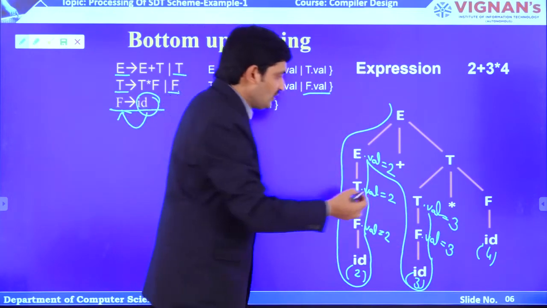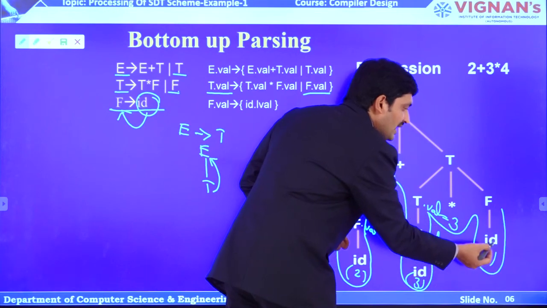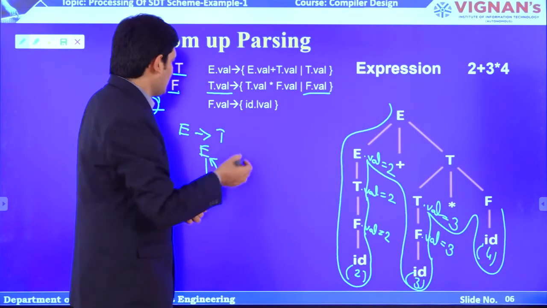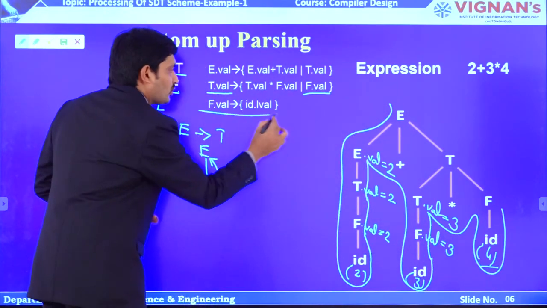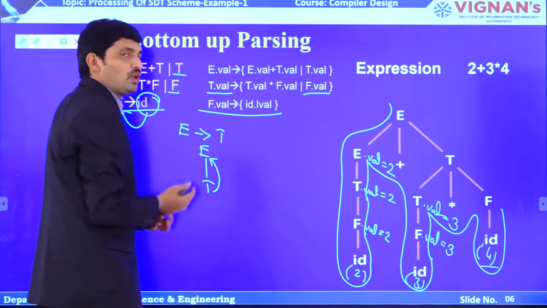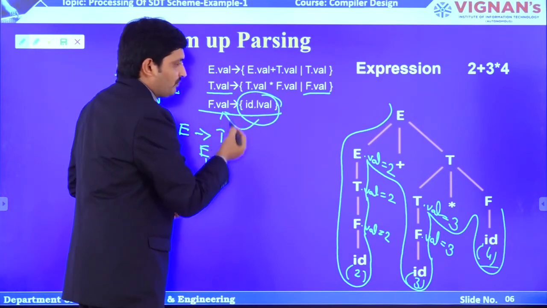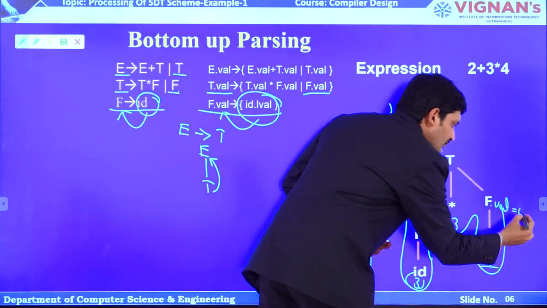Okay. Then we are traversing through like this, and here also we got something, ID is reduced to F. If ID is reduced to F, so we attach the ID value 4. According to this particular rule, F value tends to ID dot L value. This ID L value is assigned to F. So here F value equal to 4.